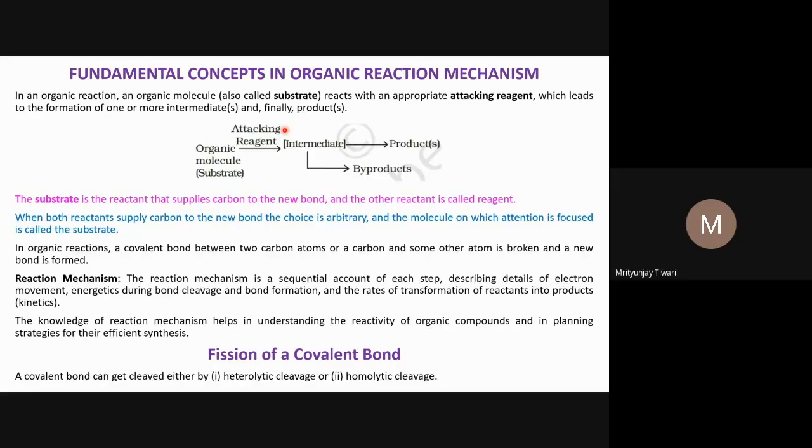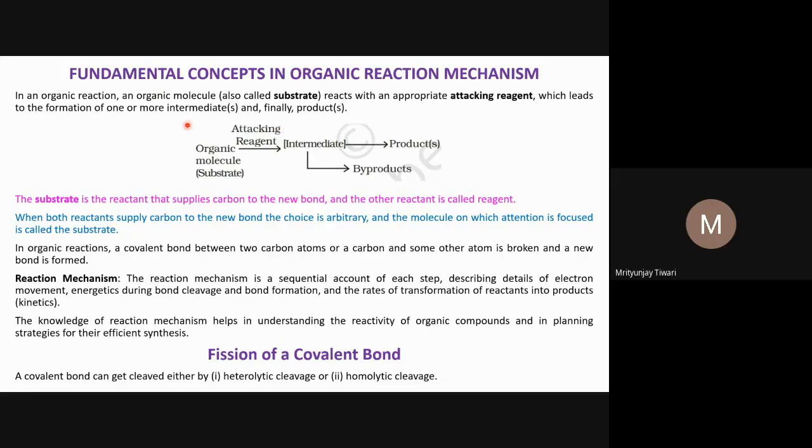The mirror images which are non superimposable are called enantiomers. Enantio means opposite, they turn the plane of polarized light in opposite directions, and that is why they are called enantiomers, the DL form of the enantiomers. Then we have also seen R and S notations of enantiomers.